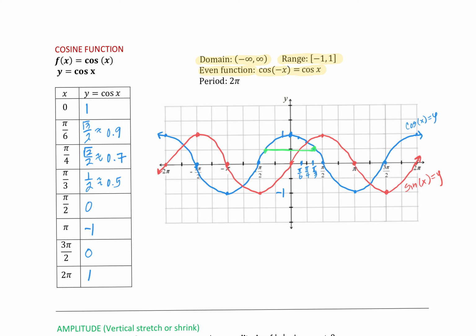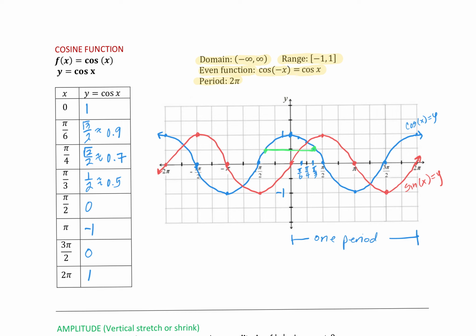It doesn't matter whether the x is negative or positive, it's still going to be the same y value, so we don't ever have to worry about that negative in the argument. We can just cancel it. Super nice. And again, like sine, it has a period of 2 pi. So although traditionally, if we were going to graph one period of cosine, we would do the same thing. We would start at 0 and we'd go to 2 pi.